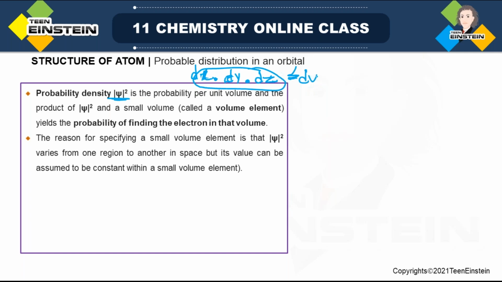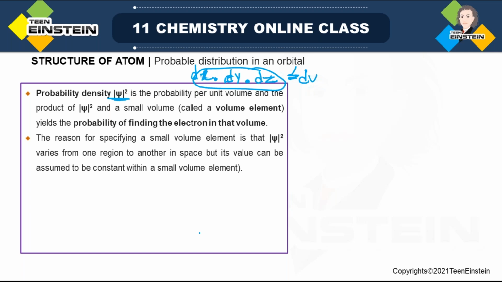Here the mod sign is given for psi square, but don't be confused by that. Even if you don't write it, it is fine, because whether there is a negative sign for the wave function or not, when you take the square it will always be positive. So the probability of finding the electron in unit volume is always positive.